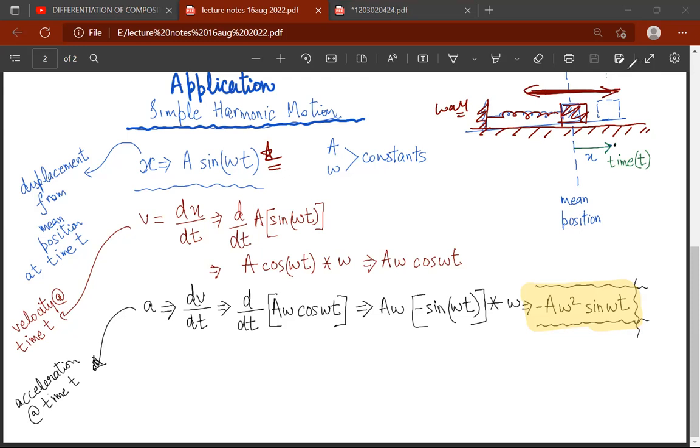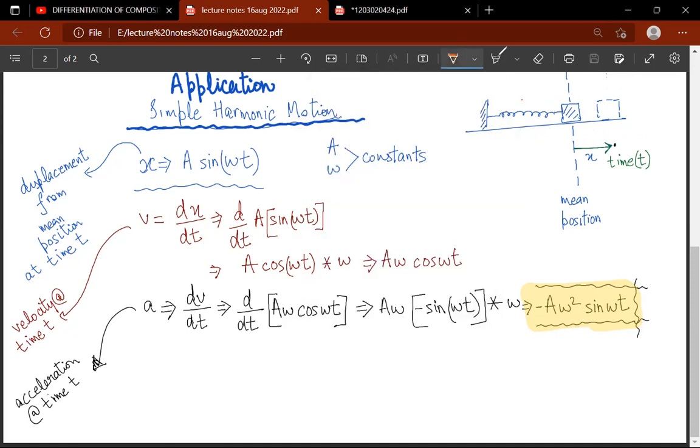Okay. One thing that you can note down right now is that this spring pulls back this block with a force given by the formula F equals minus kx. Just note this down.